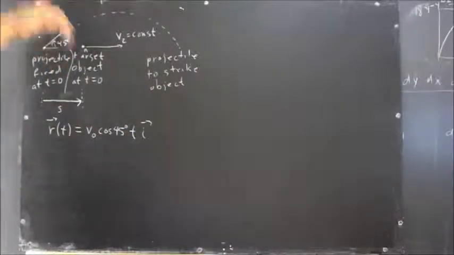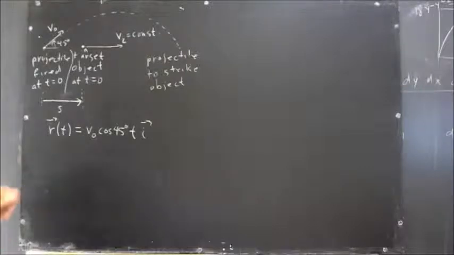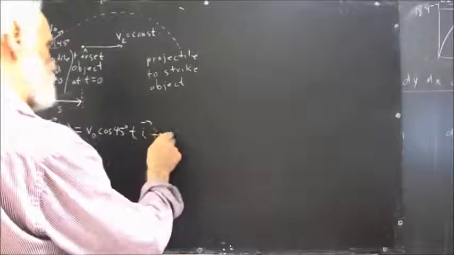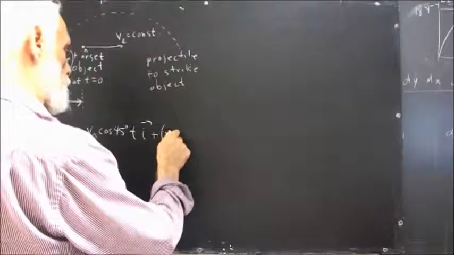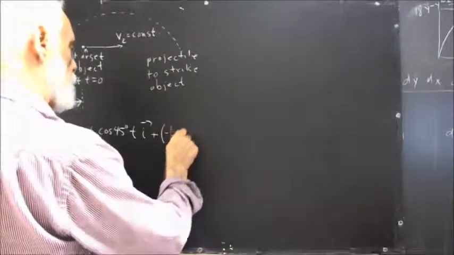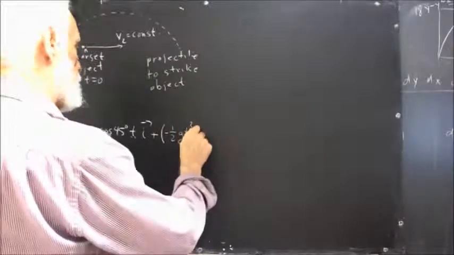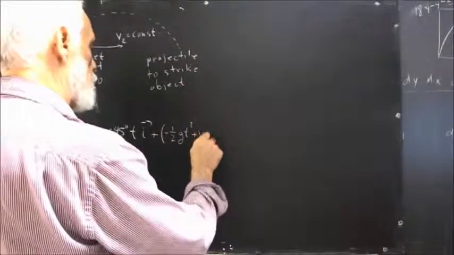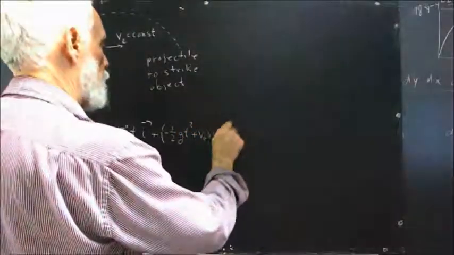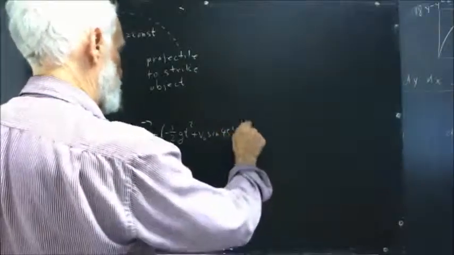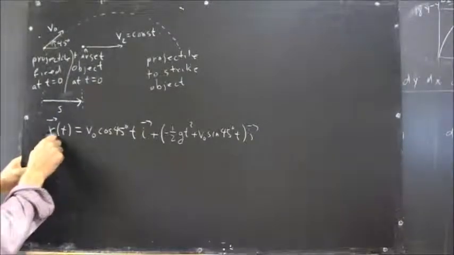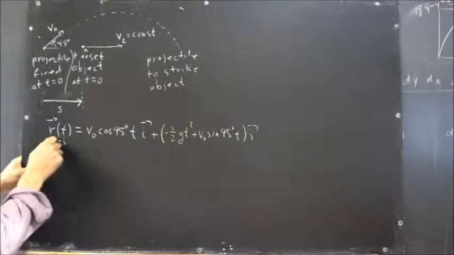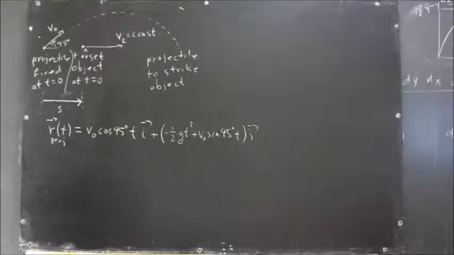And the j component is going to be negative 1/2 g t squared plus v naught sine 45 degrees times t. So that's the projectile, and we could put a little subscript, PROJ, on that to indicate that.